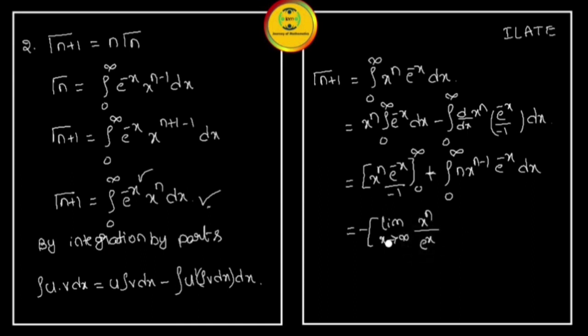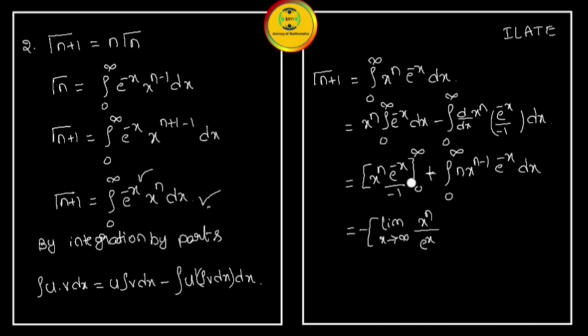Why I have written the limit here: if I apply the limit directly, we have infinity power n divided by e power infinity. Since we know e power infinity is infinity, and infinity power n is also infinity, we got an infinity by infinity form. So when you get limits like this, we have to apply L'Hospital, and that is the reason I apply the limit at the upper limit.